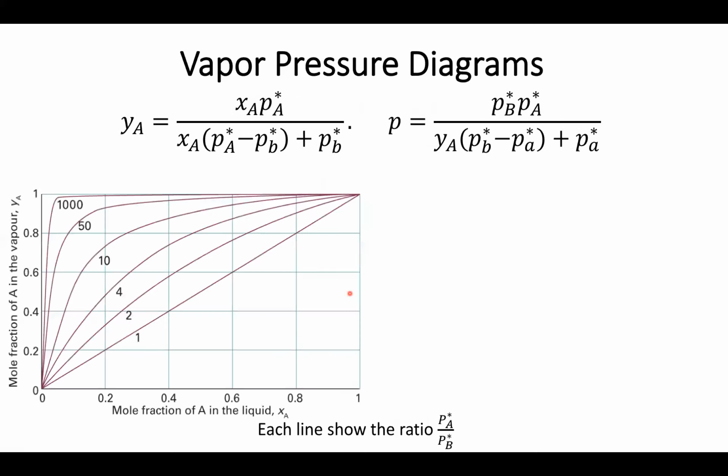So let's go ahead and take our two expressions, for the composition of the vapor and for the total pressure, simply in virtue of changing the mole fraction of A in our liquid.